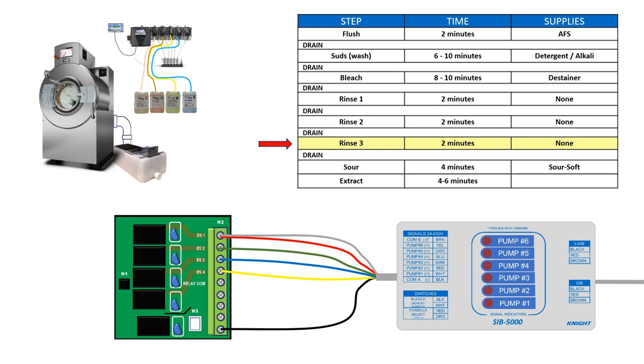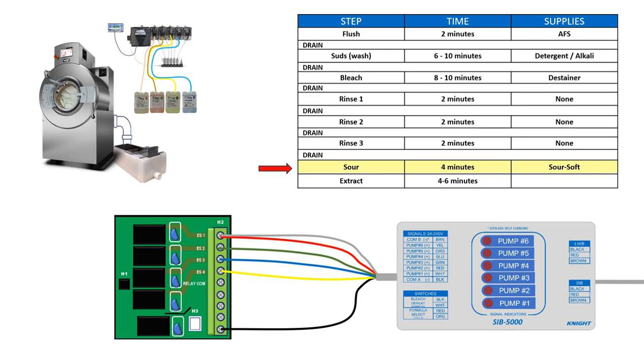Rinse 3 again is filling to a high water level. Generally, we're in a warm water state now. If we wash in personal clothes or colored items, this could be cold water. At the end of the third rinse, the drain will open up. By now, we've rinsed out most of the soils out of the linen and any remaining chemistry that's been in the linen.